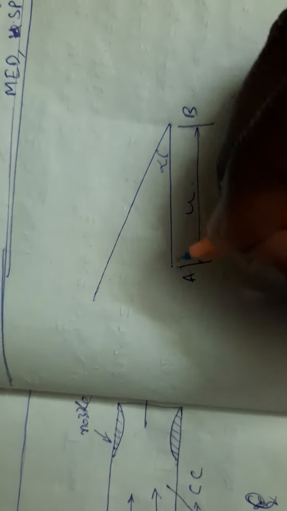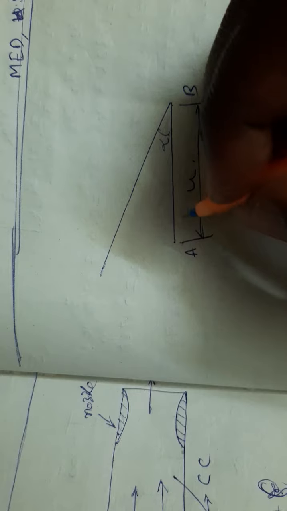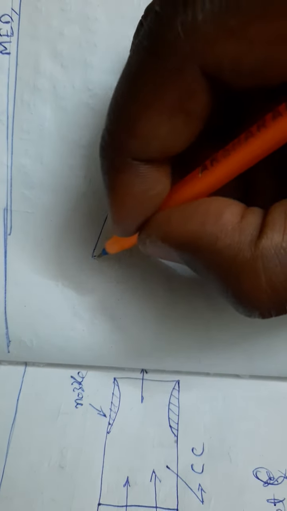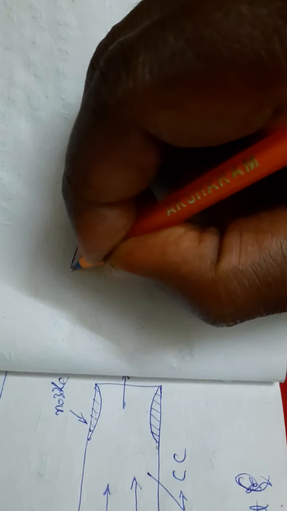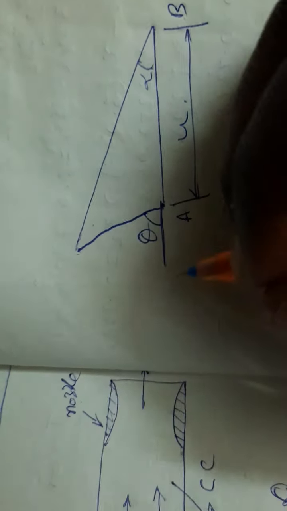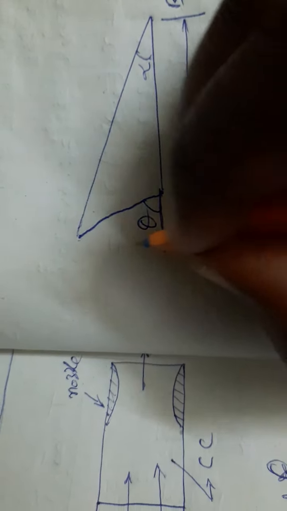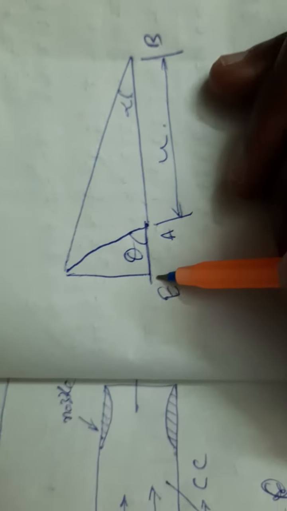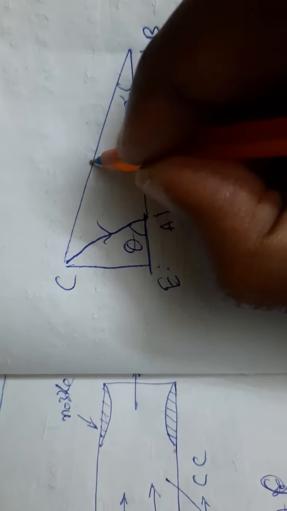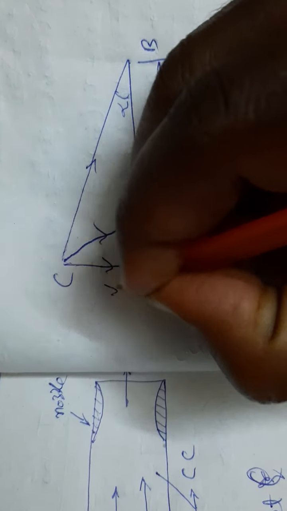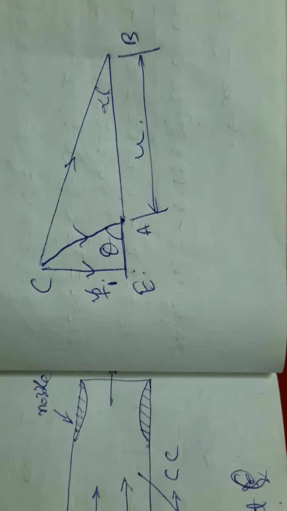Similarly at A, draw a line AC at an angle theta with EA, meeting the first line at C. Now CA and BC represent the relative velocity at inlet and the absolute velocity at inlet, and CE is the flow velocity at inlet.